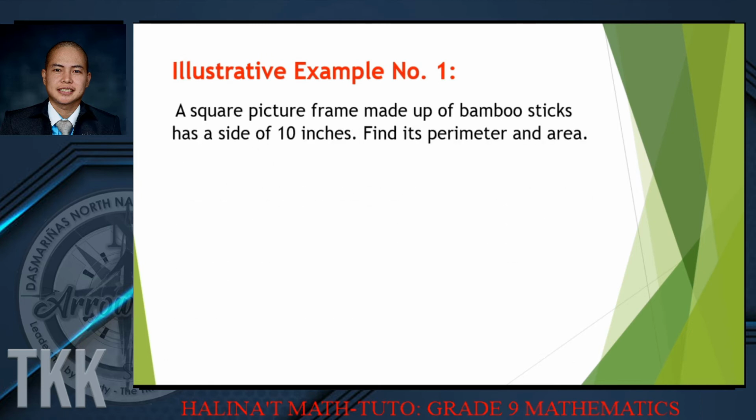So, for example: a square picture frame made up of bamboo sticks has a side of 10 inches. Find its perimeter and area. The first step is to imagine the scenario. There's a square frame, or specifically a picture frame which is a square. So we have to look for the properties of a square.